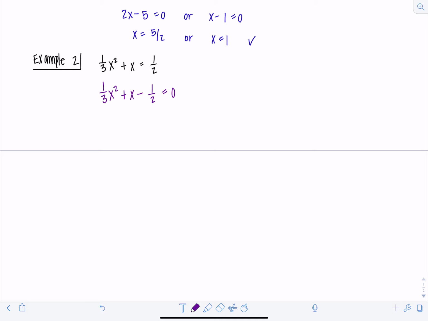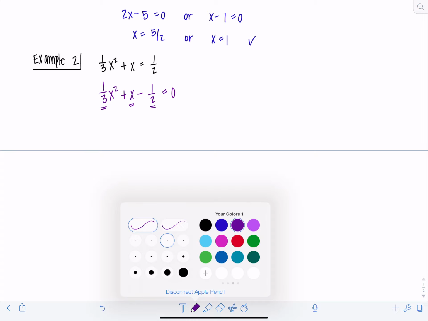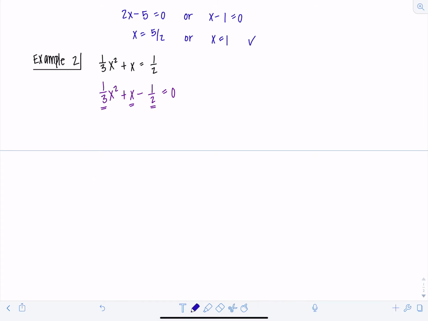Now you can go ahead and substitute in the values 1/3, 1, and negative 1/2 for a, b, and c into the quadratic formula, but it will be a bit of a nightmare. So let's clear out the fractions from this equation by multiplying through by the LCD. The LCD of the equation is going to be 6.